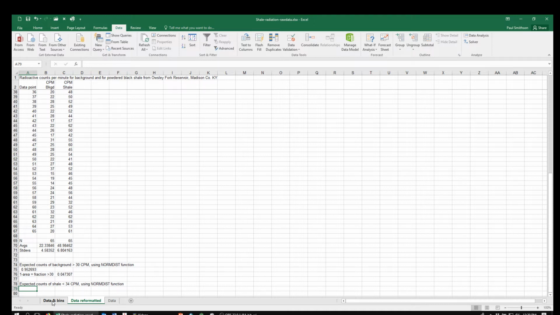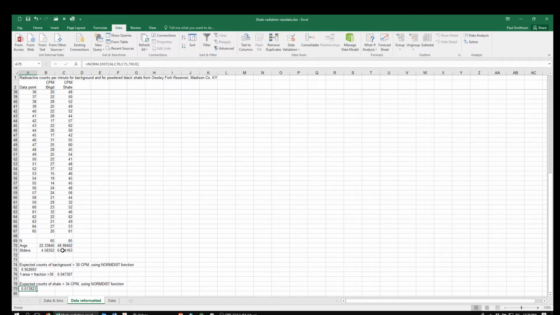So now we want to see what percentage of our shale counts would be expected to be confused with background. Same thing, norm.dist, open paren, my test statistic is 34, my mean is 48 or about 49, my standard deviation 6.8, and true.